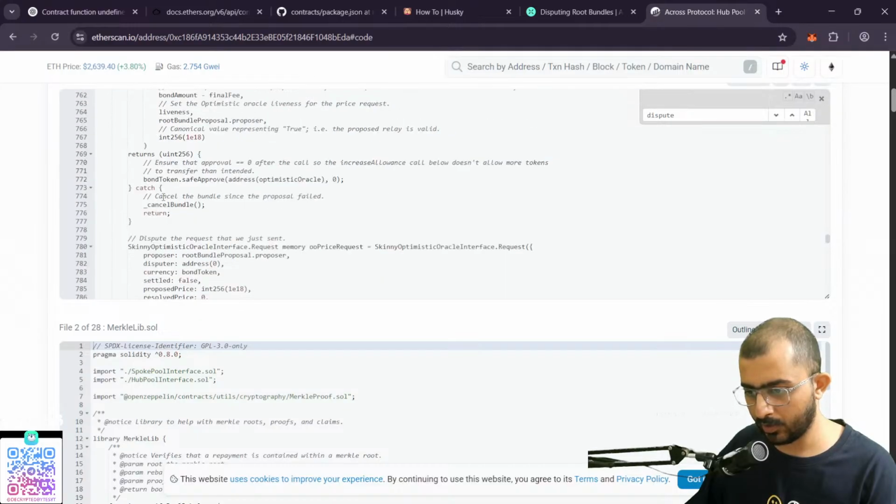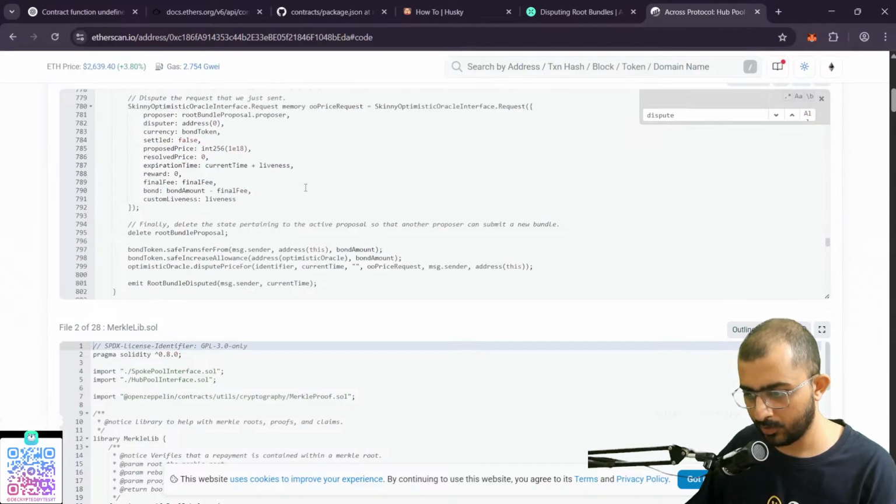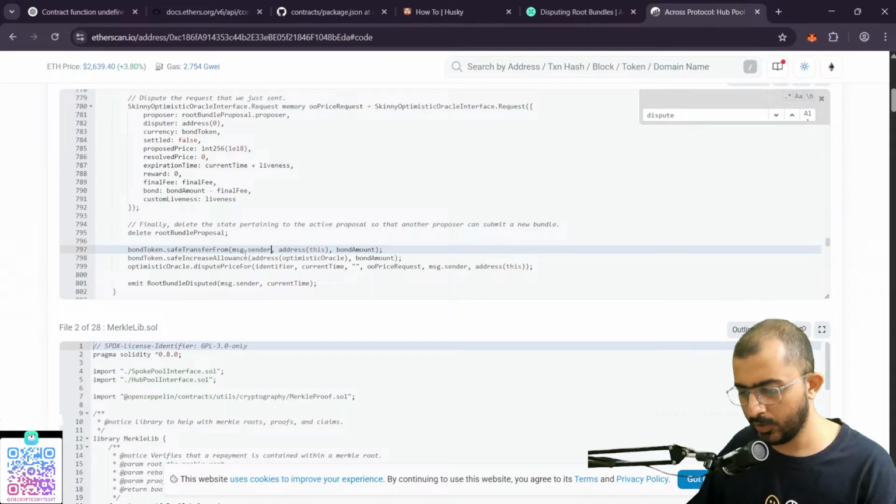Okay, try and returns. Okay, I understand this. They're saying message dot sender, right? Transfer from. I guess only the proposers can dispute or propose the bundles.